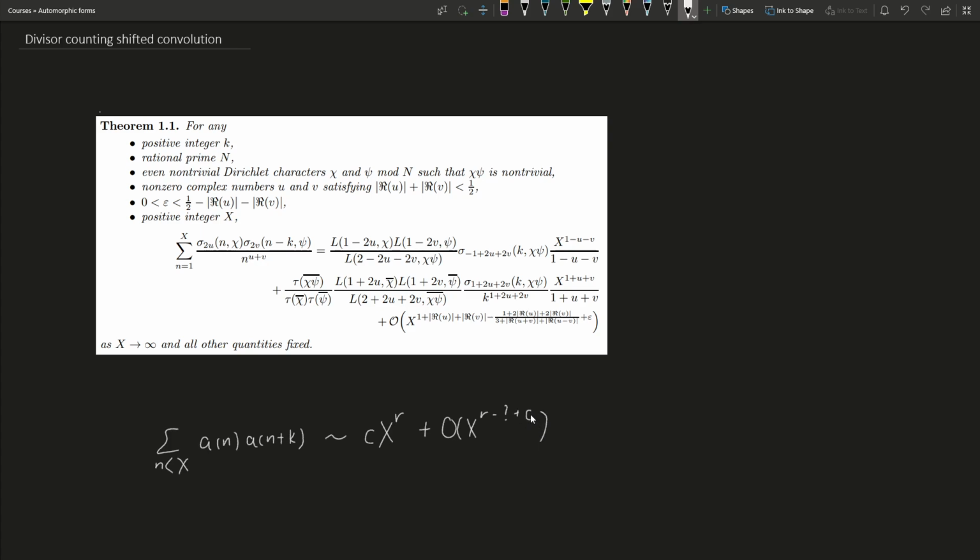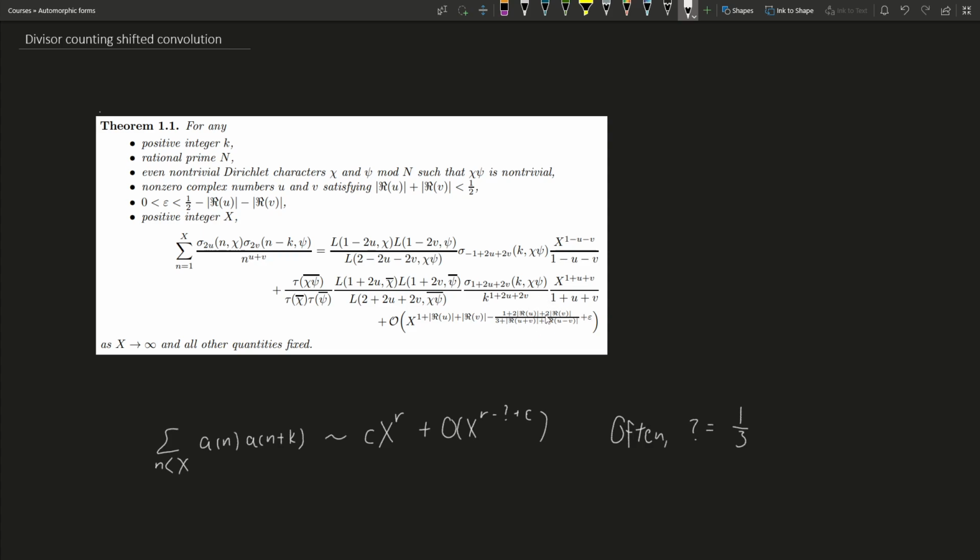And often the question mark is 1/3. So we saw that in the Takhtajan-Vinogradov result, where you got a growth of x times log x squared, and then you had an x to the 2/3 plus epsilon here.